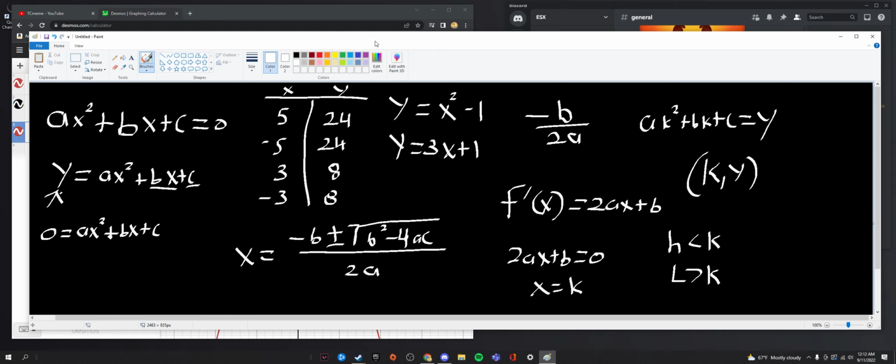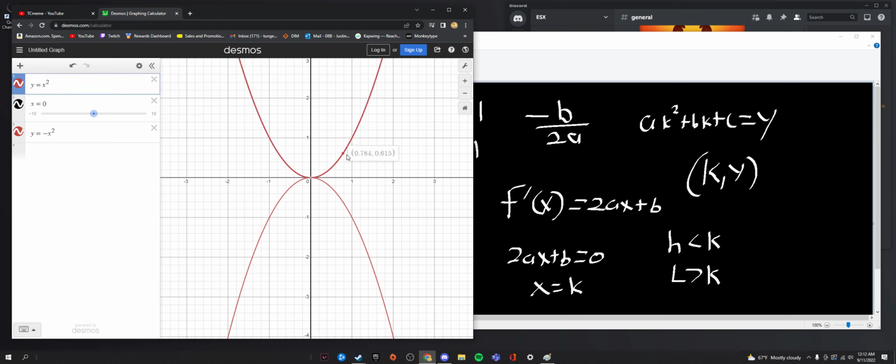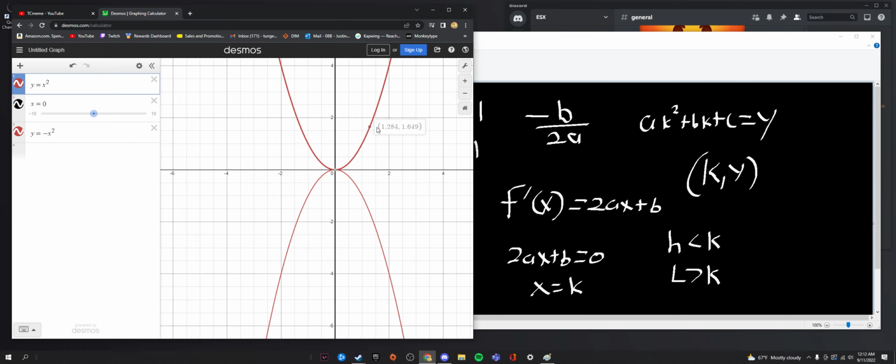So if some value less than k is negative, let's say our k is equal to 0 in this case, and some value less than that is negative 1, negative 1 is negative, meaning as you get closer to k, your slope gets less and less negative until you hit 0, your absolute minimum point, and also where your axis of symmetry is. And then when you plug in a value greater than k, l, so it's 1, you get out a positive value, which indicates that your slope is going upwards. It's positive, so that's a minimum value.